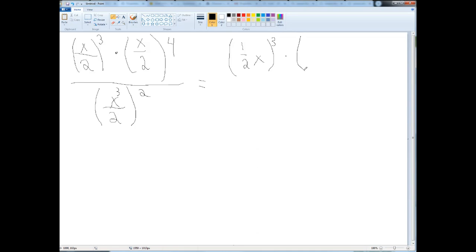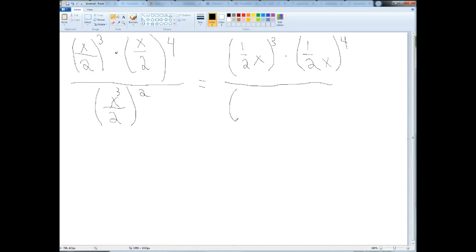Times, again, I'm just translating, expanding this out a little bit. So I've got 1/2 x every instance that I see x over 2. Don't forget to include the exponent. And then this is the whole reason that we did that, is to make this easier.